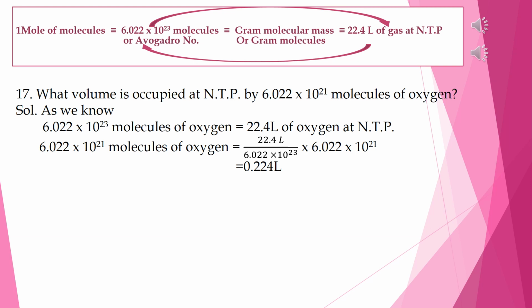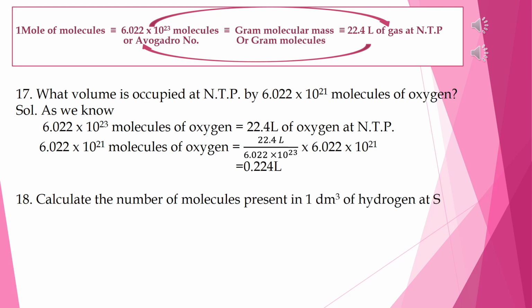So 18th numerical is calculate the number of molecules present in 1 decimeter cube of hydrogen at STP. Before solving this numerical, we should have the knowledge of unit system. Here 1 decimeter cube is equal to 1 liter, one and the same thing.